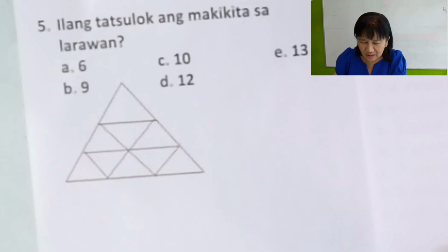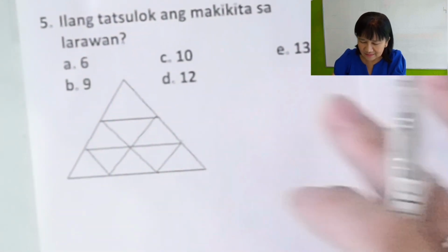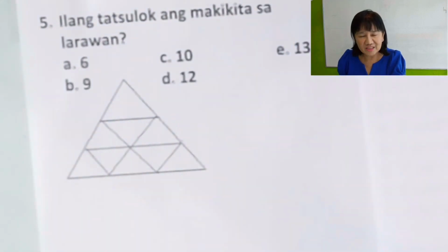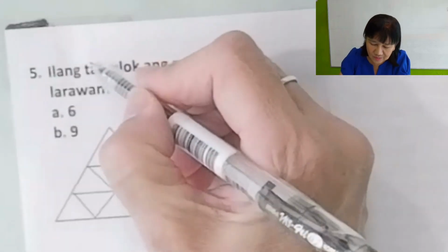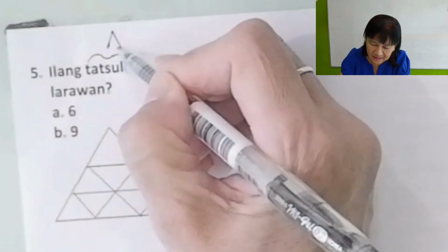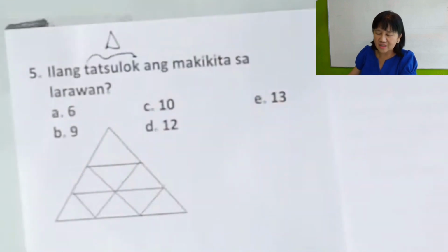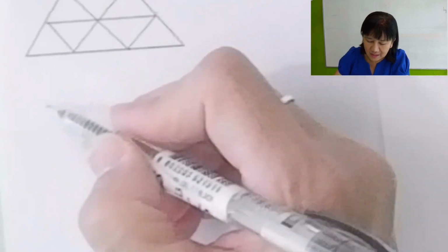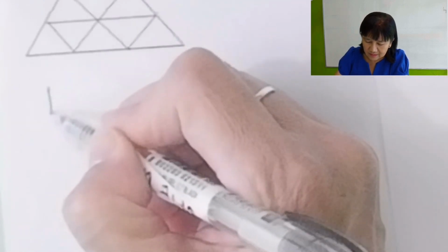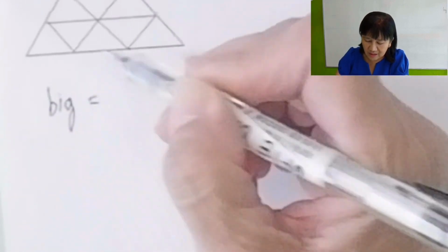Ilang tatsulok ang makikita sa larawan? In English, how many triangles can be seen in the figure? Tatsulok, triangle. How many triangles can you see in the figure? Let's count. Let's have the biggest triangle.